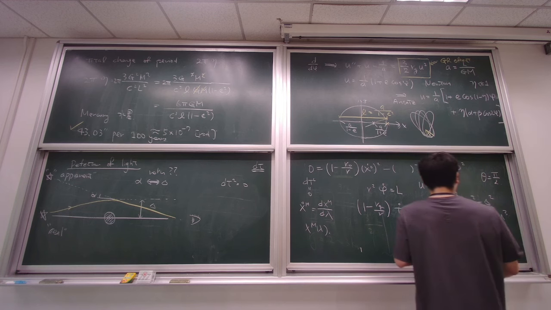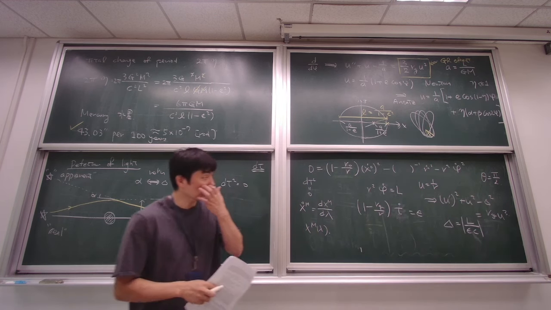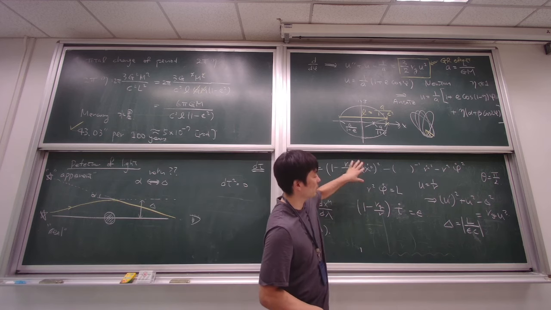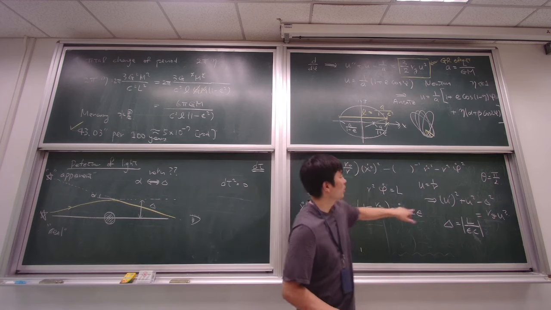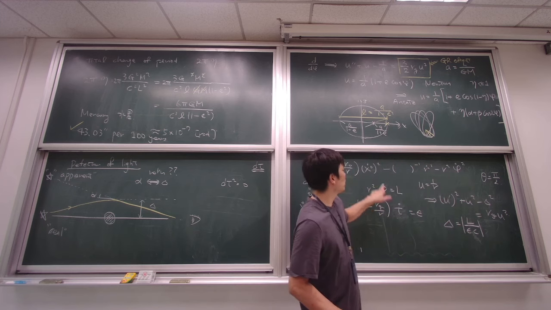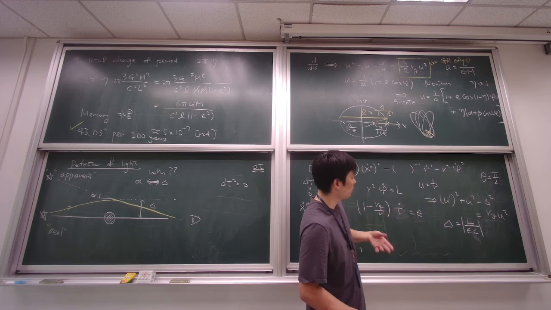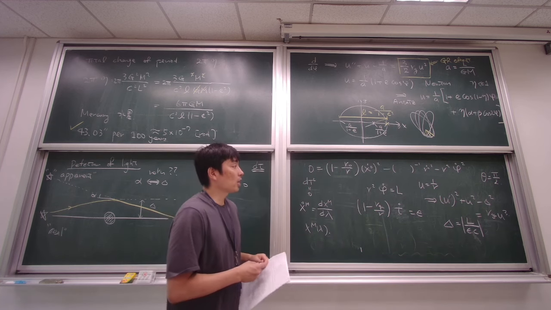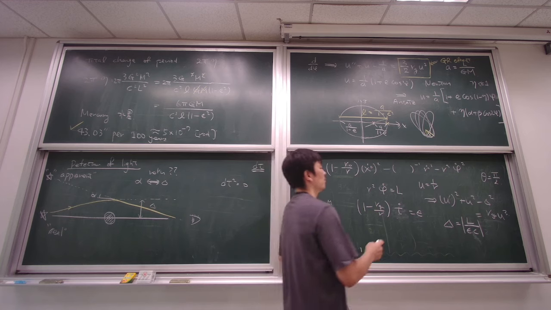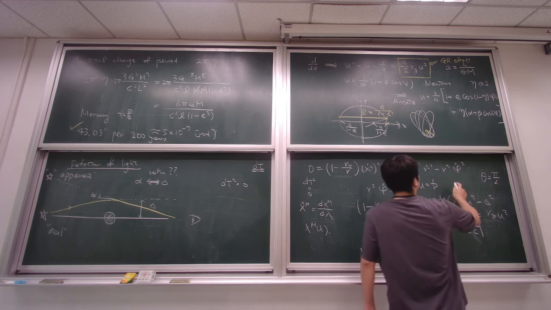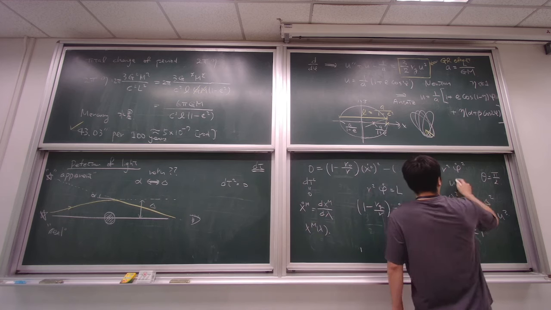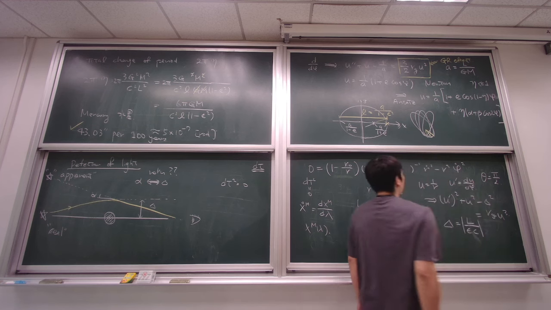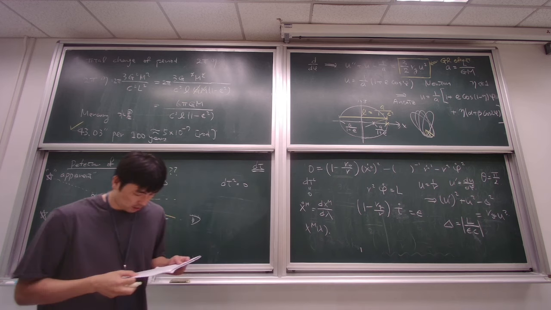So plug this one into here, and plug this one into here, and do the manipulation. Again, u dot is the derivative, and u prime is the derivative with respect to phi.